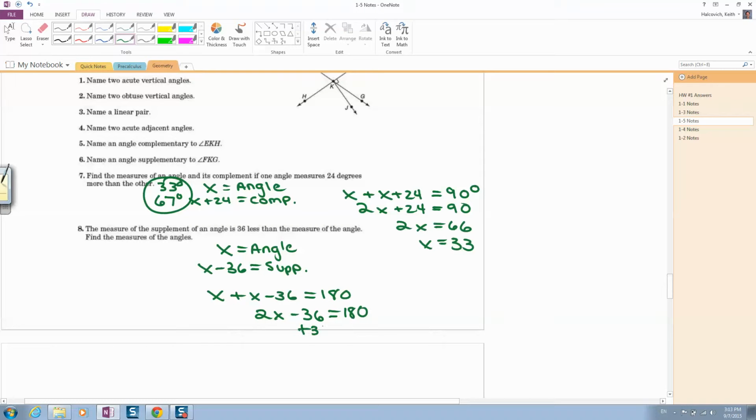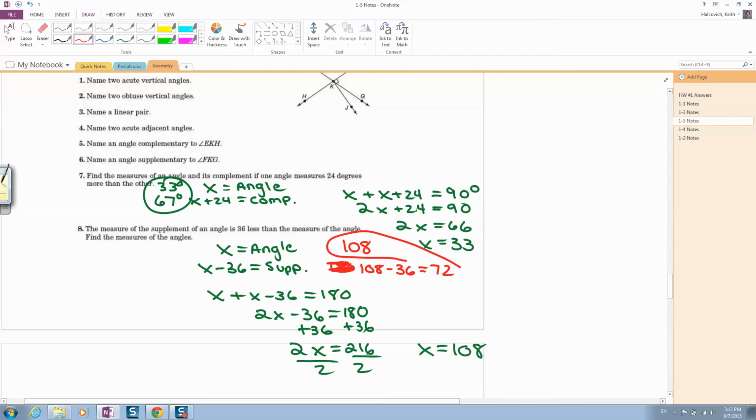You add 36 to get 216, divide by 2, and x is equal to 108. So that means the angle is 108. 108 minus 36 is 72. So those are your two angles.